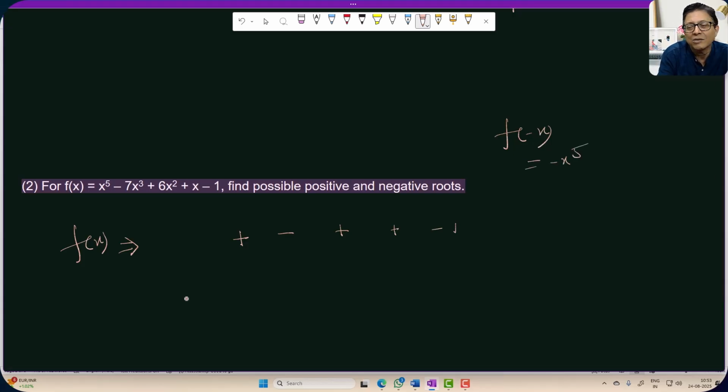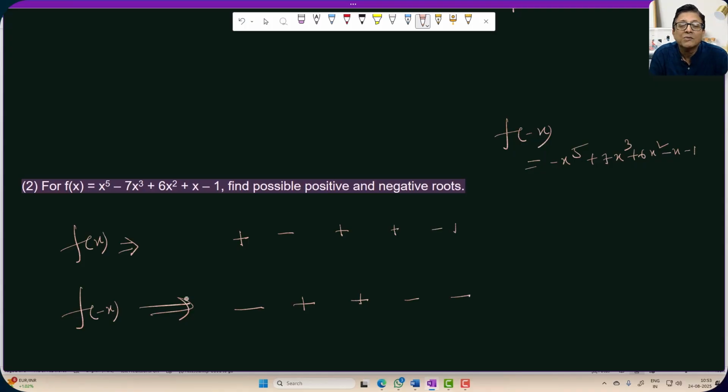Minus x to the power 5 plus 7x cube, 6x square, minus x minus 1. So how many sign changes will f of minus x have? Minus, plus, plus, minus, minus. How many sign changes are there? This is 1. This is another 1. Here no sign changes. There is another 1.